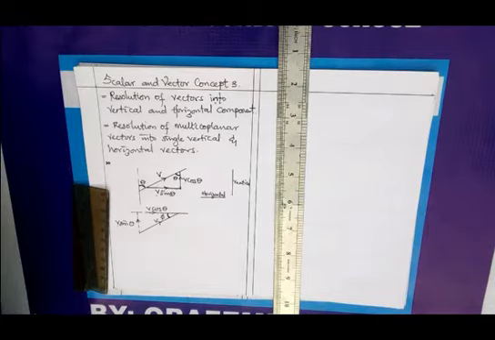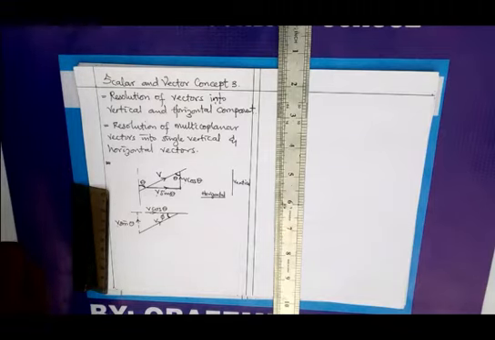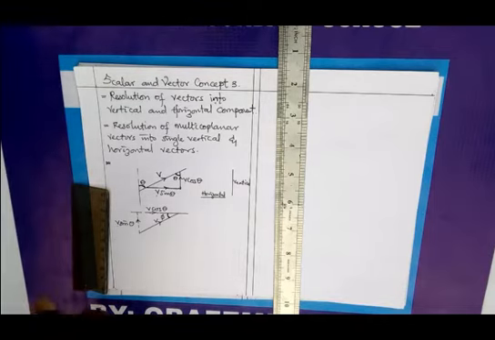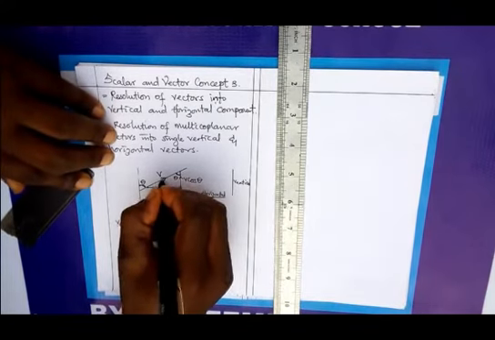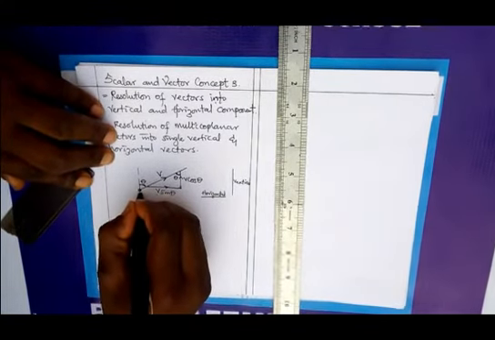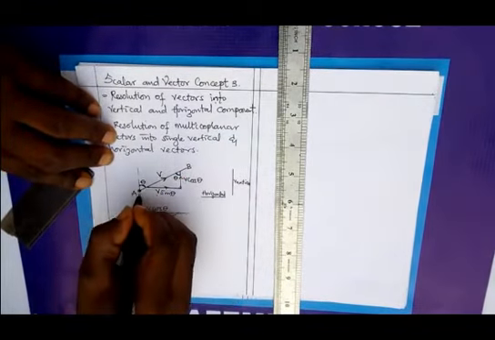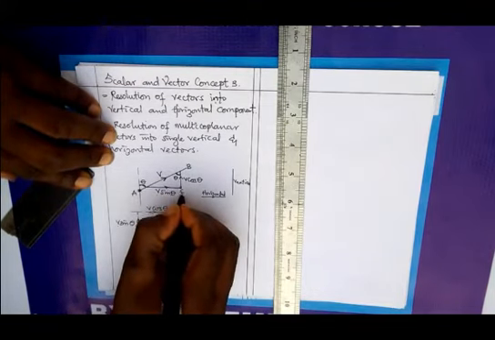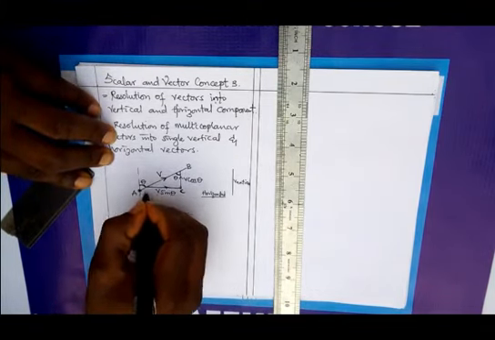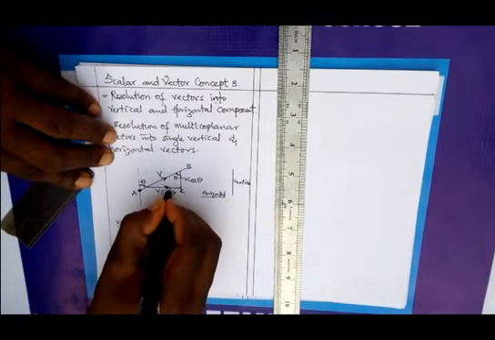At this point, you also need to understand the concept of the direction of the vector. You need to go through it very well. This given vector v is moving upward. For you to move from point A to point B, you can either go straight or you move to point C, from A to C, then from C to B. Don't forget, you must put your arrow in that direction.